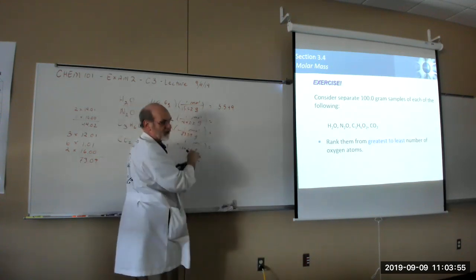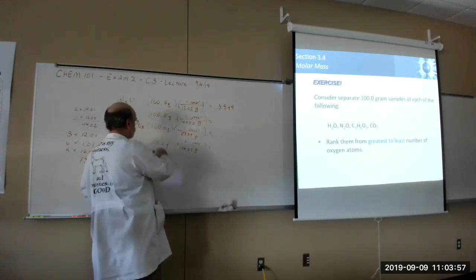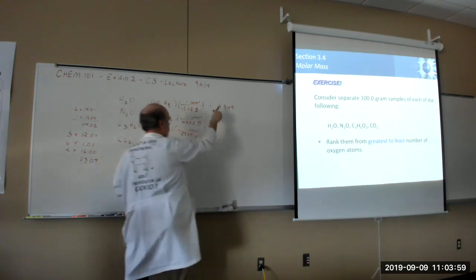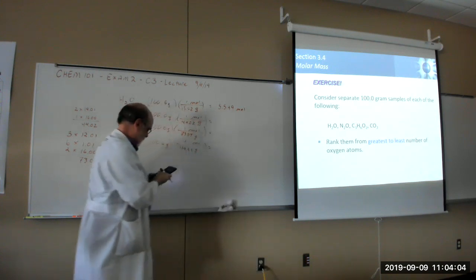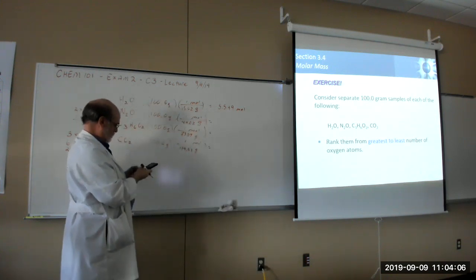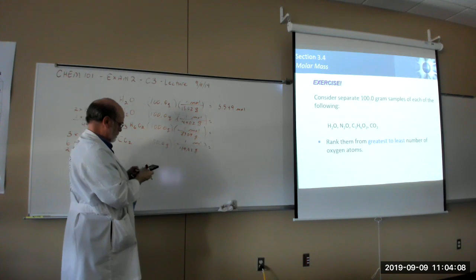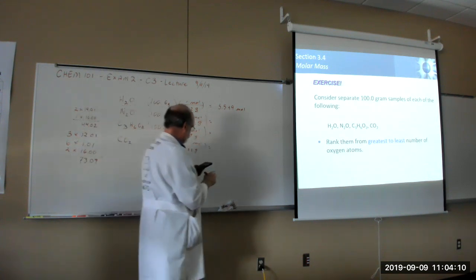These don't count because they're exact numbers, but these are the ones that determine that value. So that's how many moles of this one you got. Then 100 over 44.02, and I get 2.272.